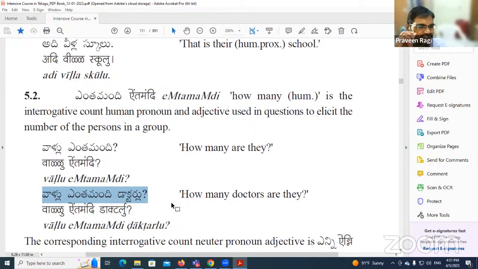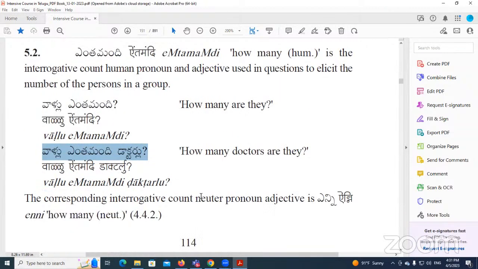So it is not necessary to say entamandi prajalu unnaru, but optional. వాళ్ళు ఎంతమంది ప్రజలు doesn't sound good. Just we can end with ఎంతమంది. వాళ్ళు ఎంతమంది, how many people are they? So like that, how many are they? We can just take that translation. So వాళ్ళు ఎంతమంది? Okay.